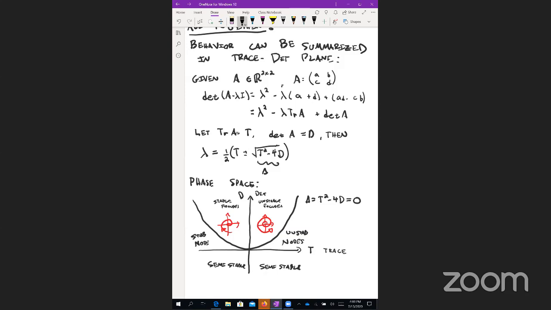So if the trace is less than 0, we're going to be in the semi-stable world. So these are going to be our stable things, and then our semi-stable things down here.